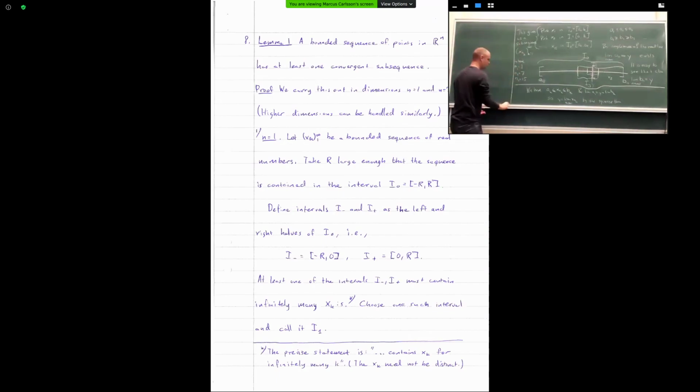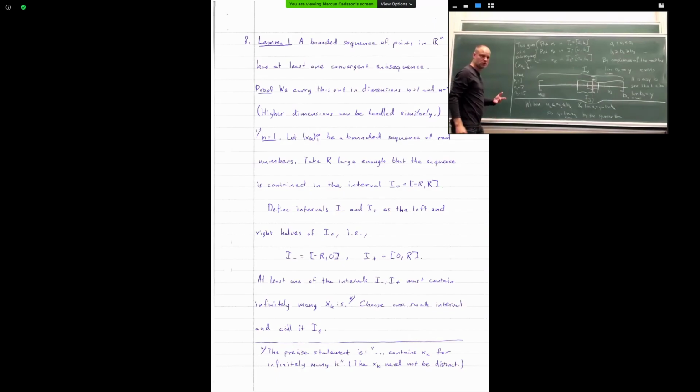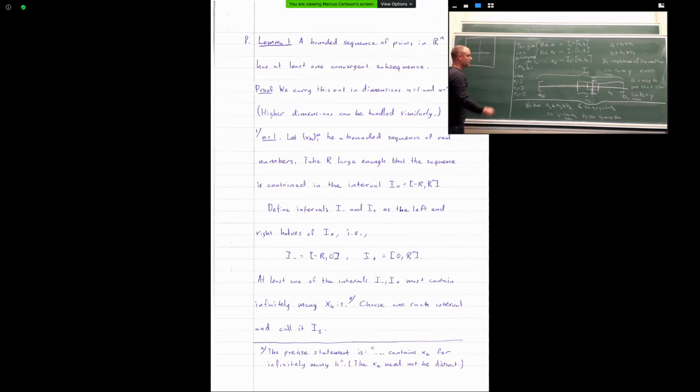Now, in several variables, of course, let's take two variables. If I have points here and they are bounded, I can take some big box and put it around them. Then instead of choosing a subsequence, I divide my box into 4 compartments and pick one of the 4 compartments with infinitely many points in it and go on like that. And I just mimic this proof all the way through. That's one possible way of doing it.